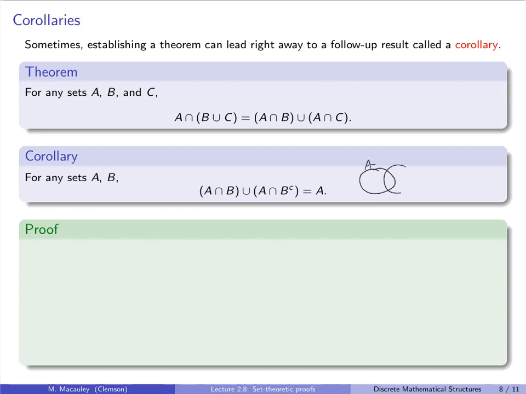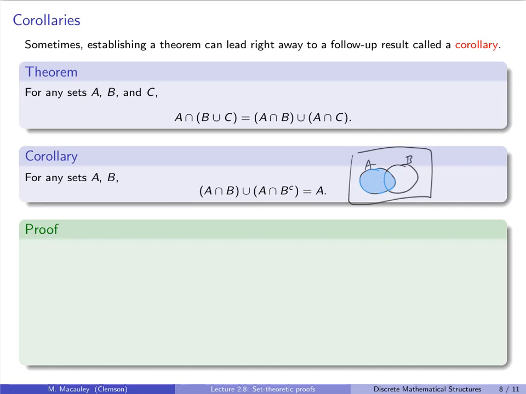If we draw a little Venn diagram here, A and B, and we look at what this means, A intersect B is this little sector here, and A intersect complement of B is everything here, and that certainly looks like it's A, but as we've seen, pictures can be deceiving, so we could prove this using one of our other methods, like directly by taking something on the left-hand side and showing it's in the right-hand side and vice versa, but that's unnecessary.